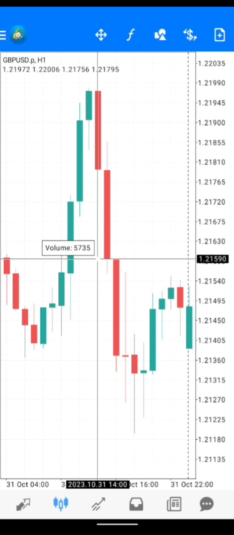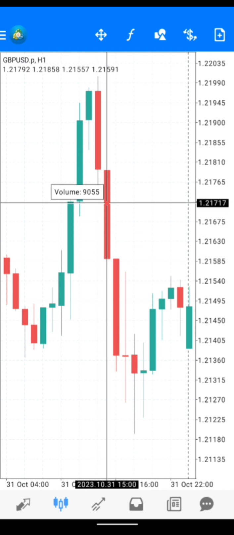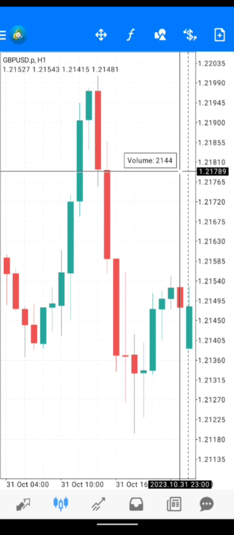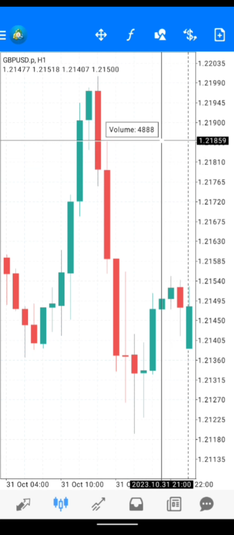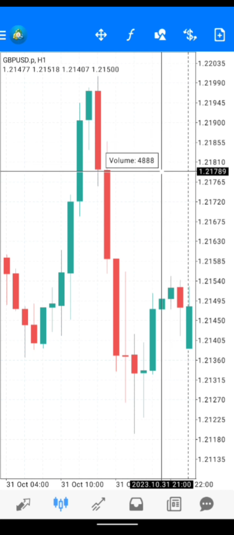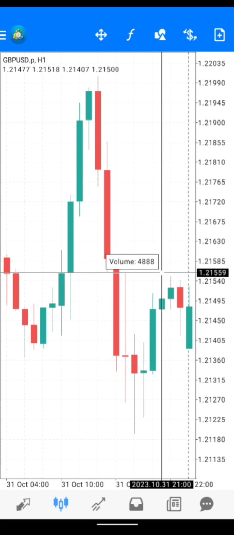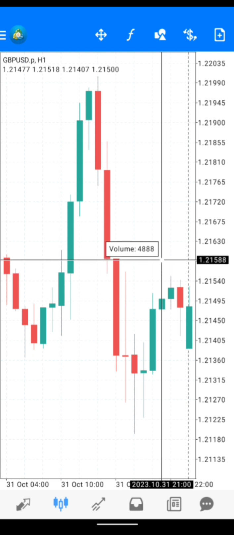So that's the price action during that period. It opened here, went higher, came back lower to this low, and before the close of that 1 hour, since this is the H1 time frame, the price was pushed back up here, and then it closed.